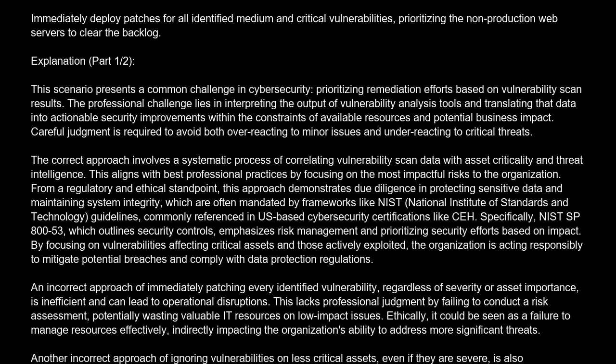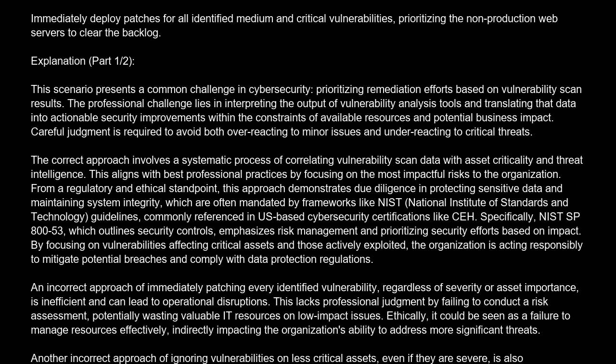Careful judgment is required to avoid both overreacting to minor issues and underreacting to critical threats. The correct approach involves a systematic process of correlating vulnerability scan data with asset criticality and threat intelligence. This aligns with best professional practices by focusing on the most impactful risks to the organization.